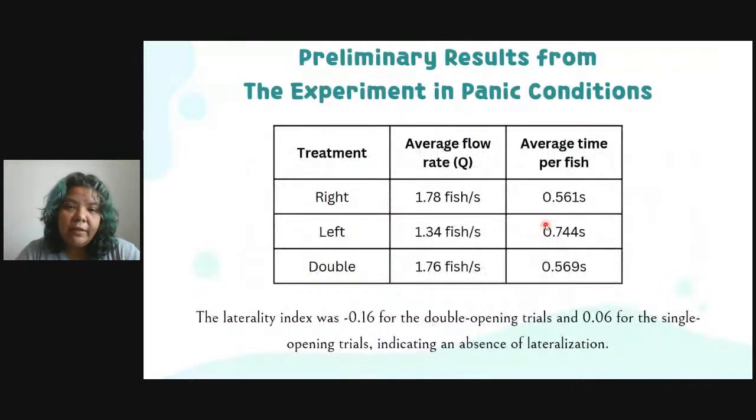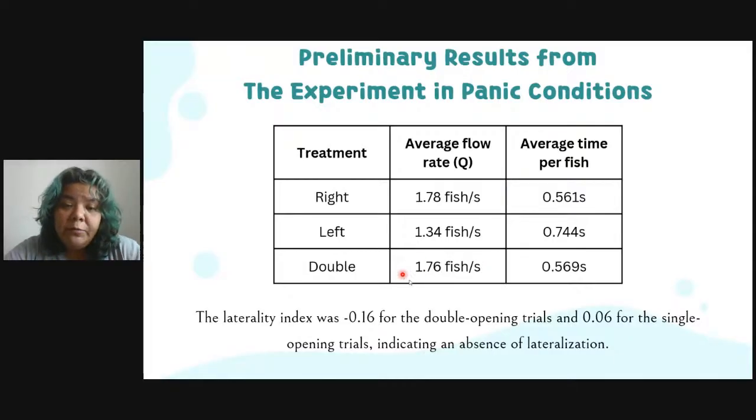So with these tests, we can know that the right opening had the highest flow with 1.78 fish per second, while the left one had the lowest flow with 1.34 fish per second. However, it was not a significant difference.